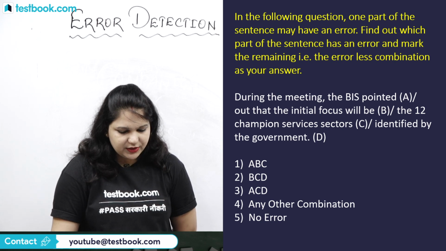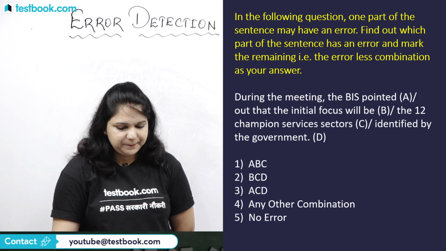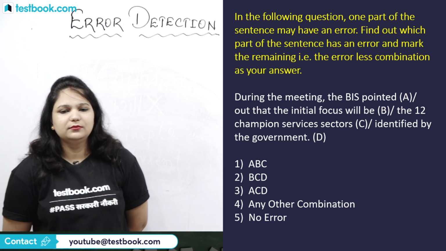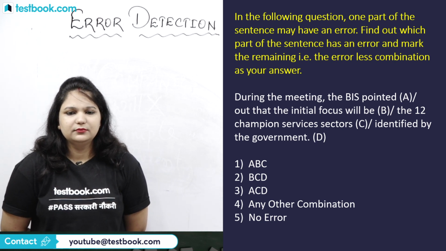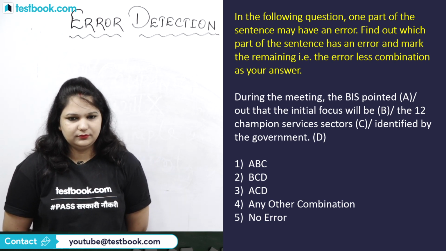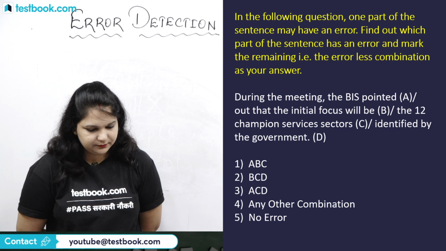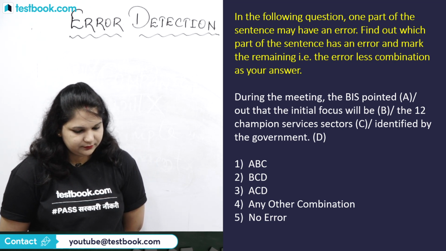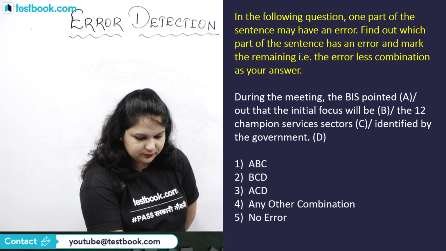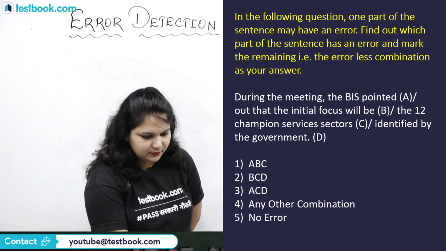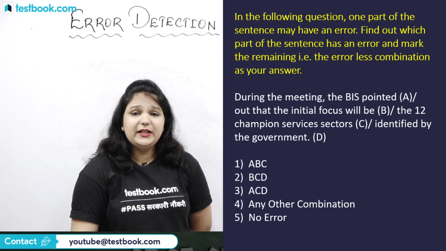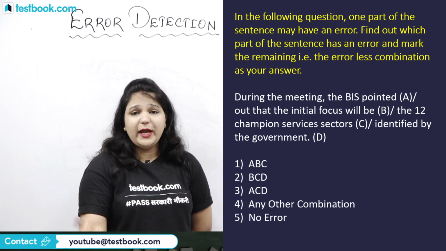Okay, Jayaprakash says preposition in part C. Anjali says for in the champion. Fine, guys, you can explain the part where there is no error, right?